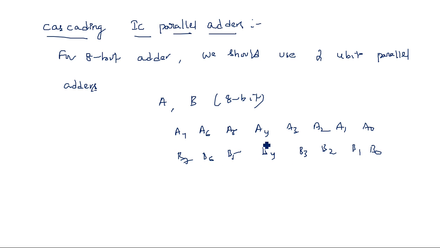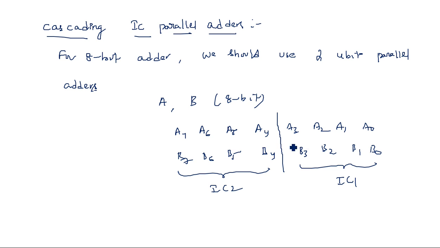When you are adding these two, the first 4 bits are applied to the first 4-bit full adder, IC1, and the second 4-bit numbers are applied to the second IC, that is IC2. So IC1 is applied with A0 to A3, B0 to B3, and IC2 is applied with A4 to A7 and B4 to B7. Okay, this is fine.